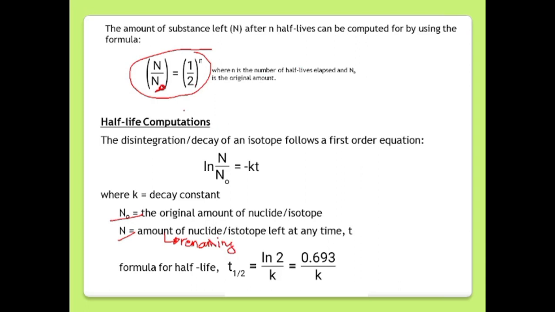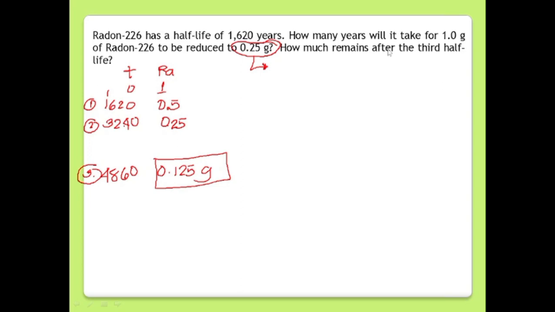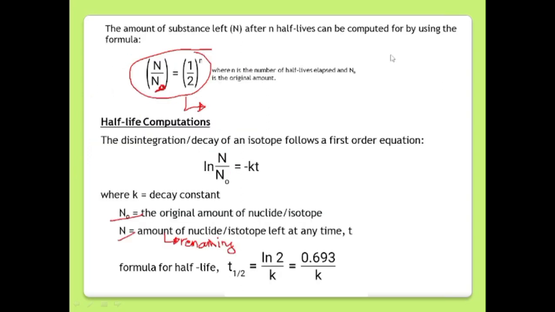So, let's try to solve the previous example using this one. Ang tinatanong sa atin dito, how much remains after the third half-life? So, that would be our N. Our n is 3 kasi third half-life ang tinatanong. n is the number of half-lives. And our N is 0.125. Ang ating initial amount is 1 gram.